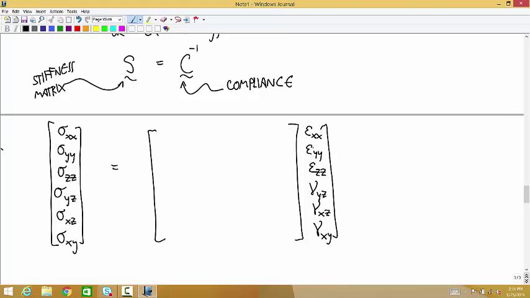Okay, so this is the 6x6 stiffness matrix.